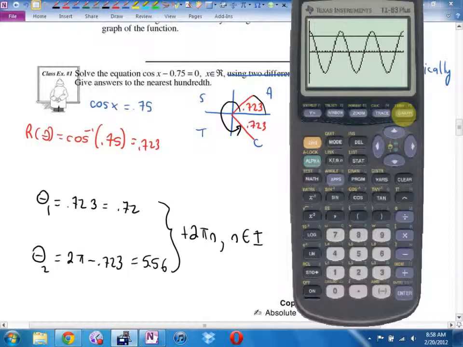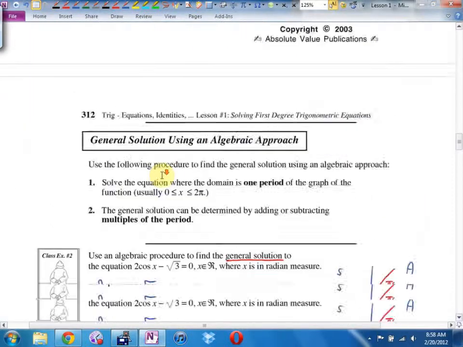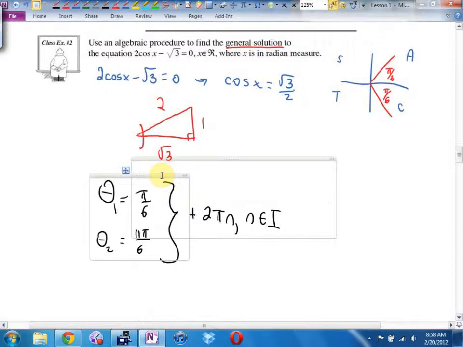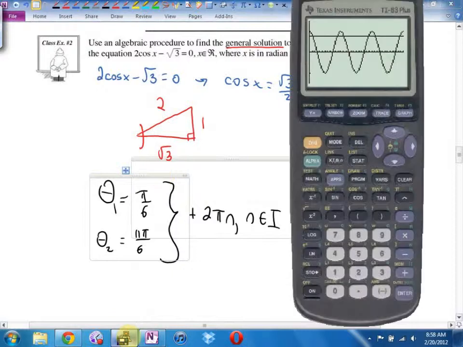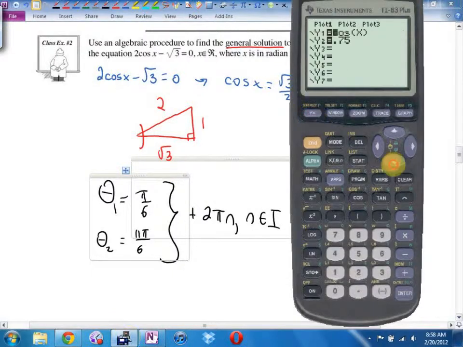But does this work well to check your answers? Yeah, sure. How do you check an exact value question? Great. Let's do example 2. Y equals, it's still cosine, but instead of 0.75, I'm going to type root 3 over 2.